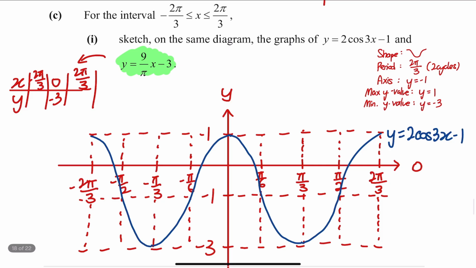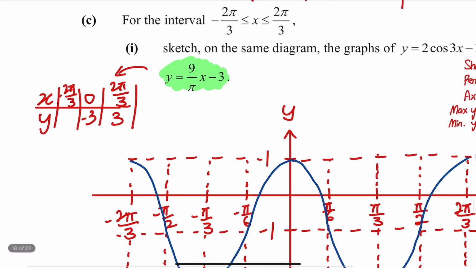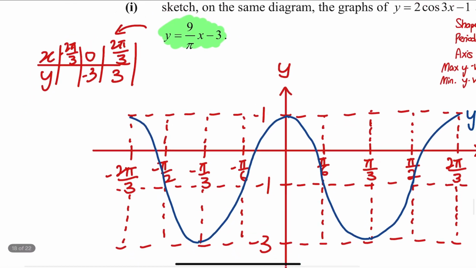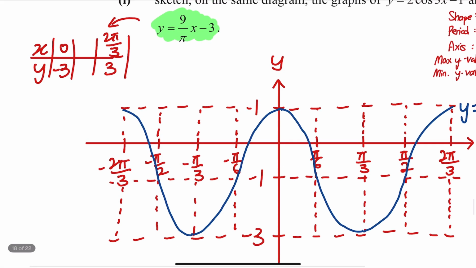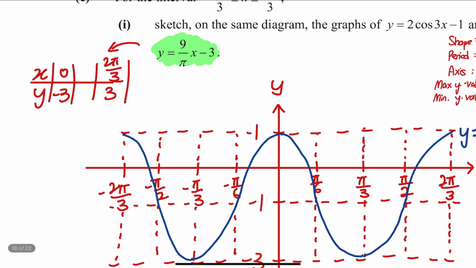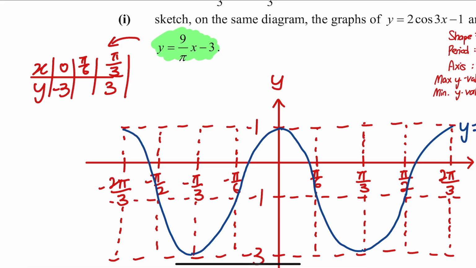When it's 2 pi over 3, it should be 3 already over here. If you note, this is out of the range of the graph, so I have to choose values that are within the possible range. So maybe I'll add more values to help me calculate. In this case, if 0 is already the minimum value, I'll choose other values like, let's say, pi over 6 and pi over 3. Then I calculate the possible values.